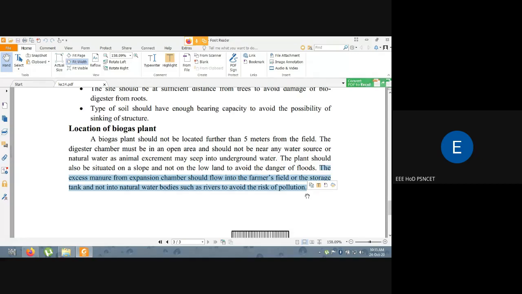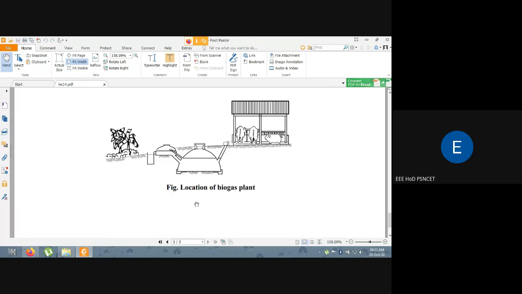Okay, so you can see this is the layout of a biogas plant. It has a mixing table and the inlet chamber. The digestion chamber is a dome structure.